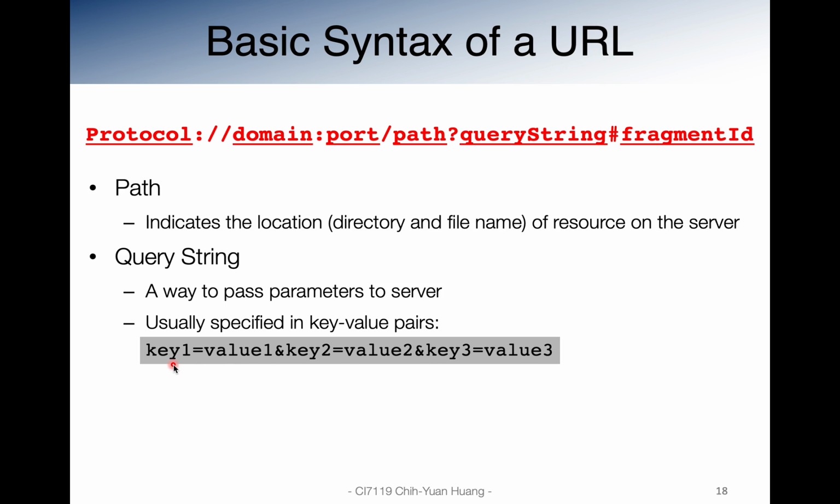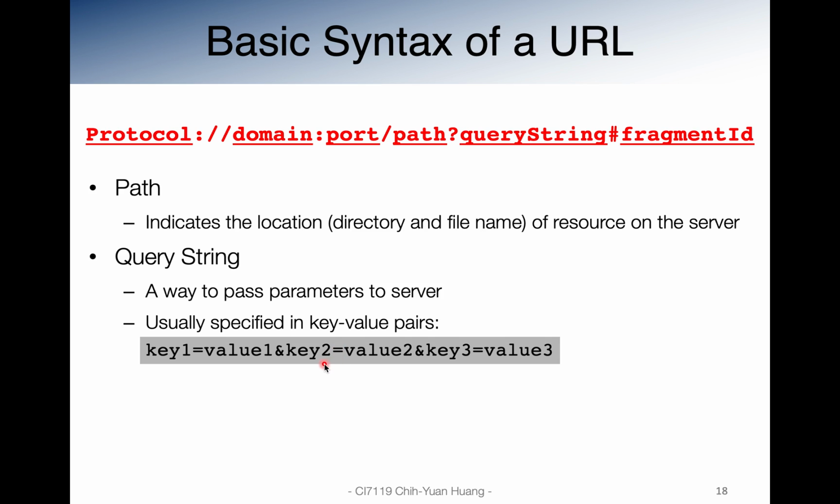So for example, you can say, I want to transmit the user ID. So maybe you can have the UID or user ID as the key, and equals to the value, which is your user ID. And maybe you want to specify a certain query, for example, I want to find some data in a certain time period.